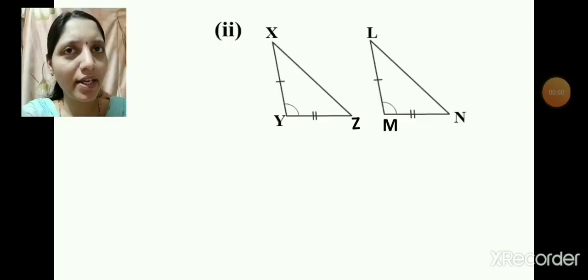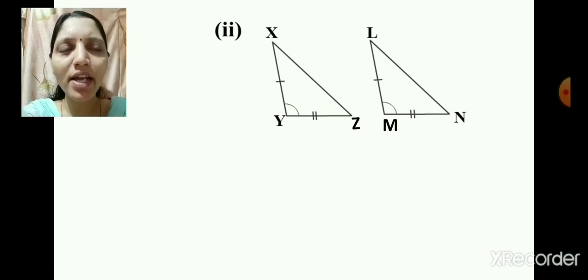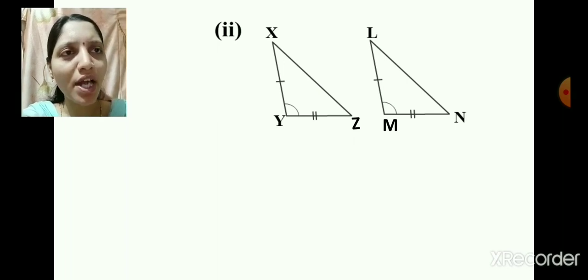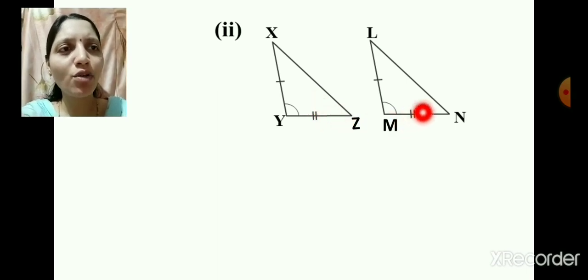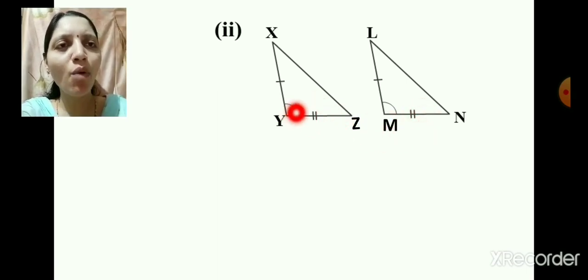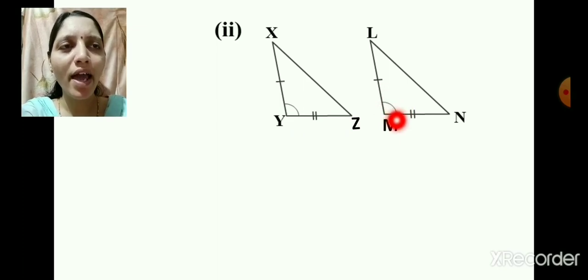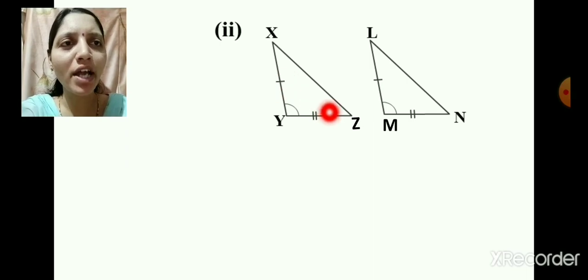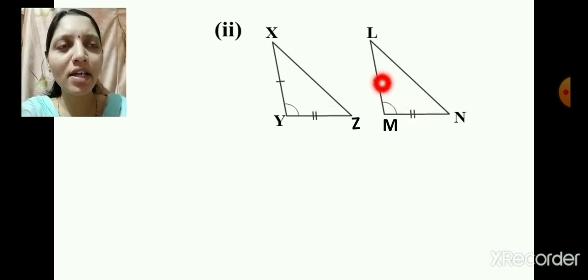Let's see the second example. In this example, triangle XYZ and triangle LMN are given to us. Side XY is equal to side LM. Side YZ is equal to side MN, and angle Y is equal to angle M. That means if you observe this figure, you will find that two corresponding sides are given congruent, and the angle included between them is congruent.